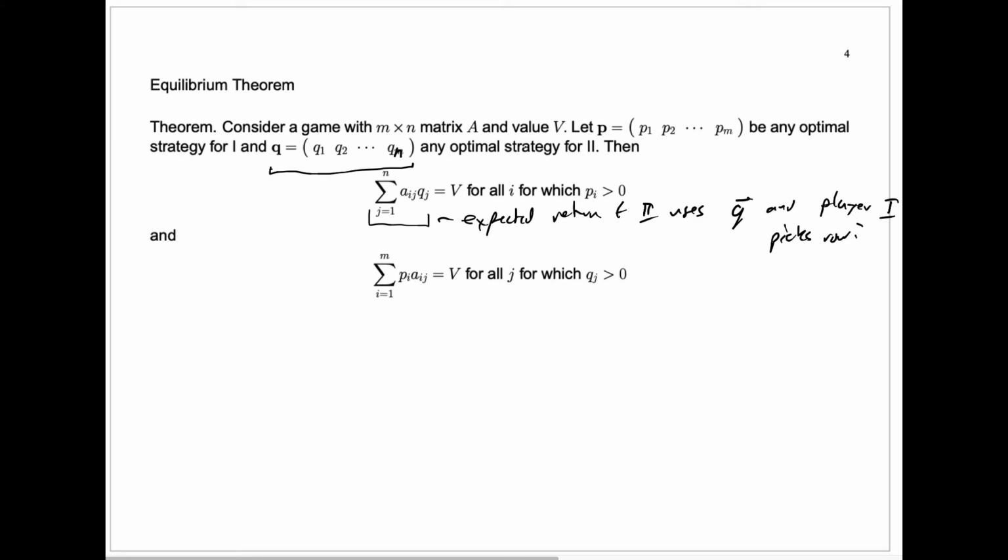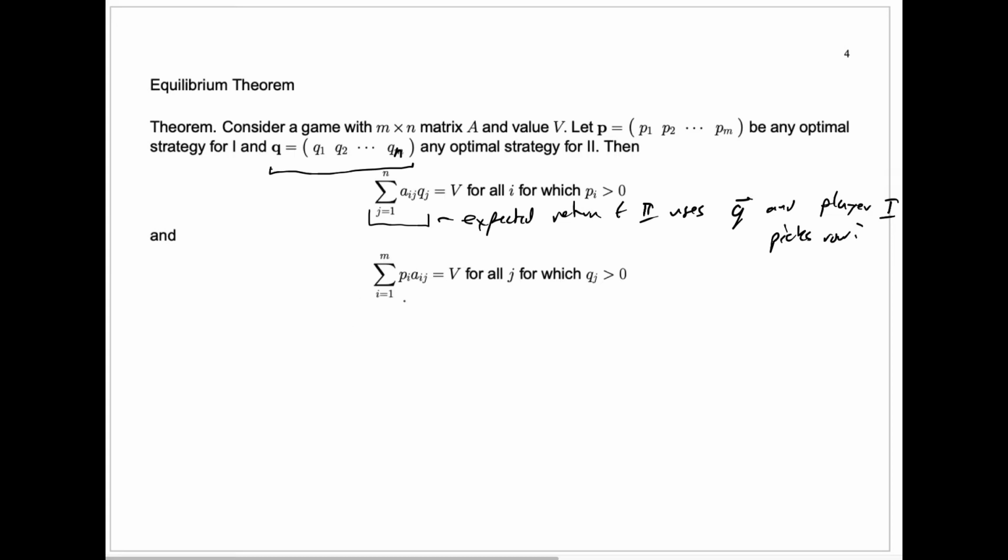But for every one of those individual strategies, row 1 through row m, that player 1 plays with a positive probability in an optimal strategy, then you're going to get the exact same expected return, regardless of which one is played, as long as player 2 plays the optimal strategy Q. So that's what we mean here by for all I for which P sub I is positive.